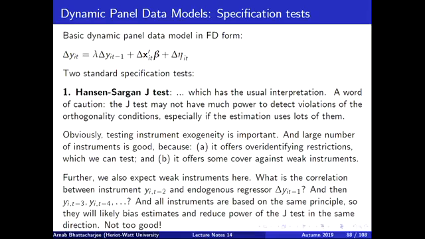It is going to use the first instrument first, obtain an estimator. Use the second instrument then, obtain another estimator, and it's going to take a difference between these two. When is this difference small? Well, of course this difference is small if both the instruments are valid. But this difference is also small if both the instruments are equally invalid.